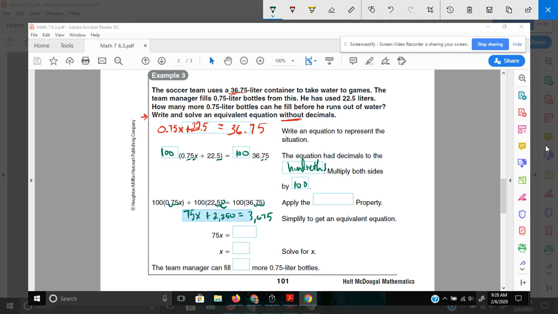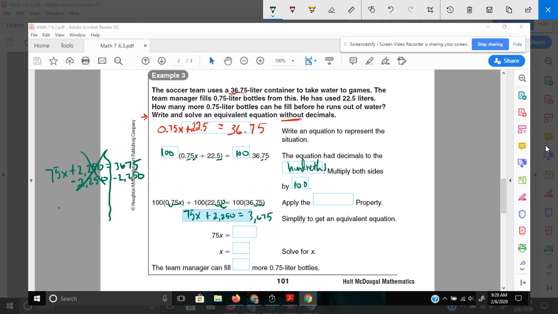So like before, I need to move my 2,250 to the other side. So let me just show you over here. 75x plus 2250 equals 3675. I need to isolate my x. So first, I'll undo adding.